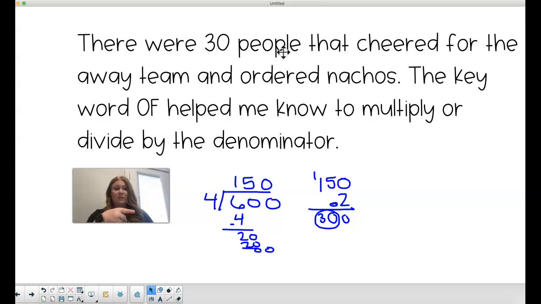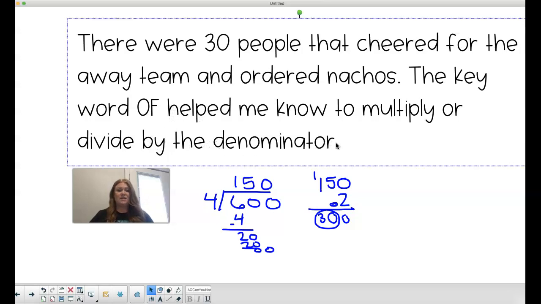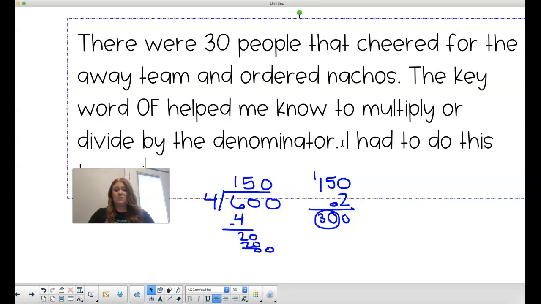Answer, 30 people. Citing my evidence or my keywords, the keyword of helps me know to multiply or divide by the denominator. I feel like I could also add on, I had to do this 2 times.